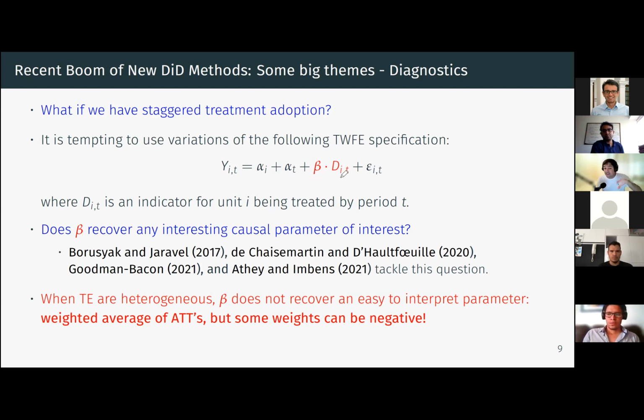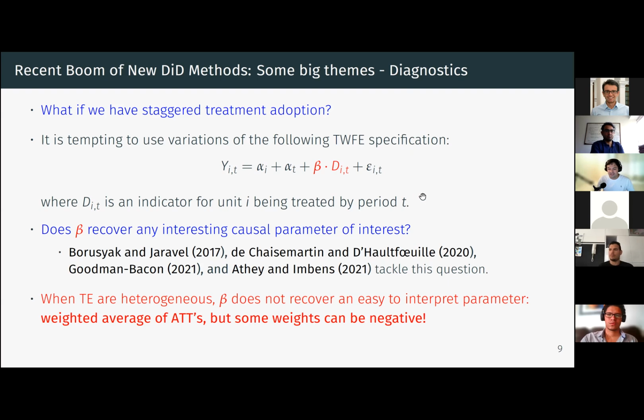Some of these negative weights are implicit there. So to answer whether negative weight is a big problem for my own application, this is the Sant'Anna and de Chaisemartin approach, right? They have this negative weighting explicit as the output of their software. So just to give an overall idea, they have different building blocks. Cool.